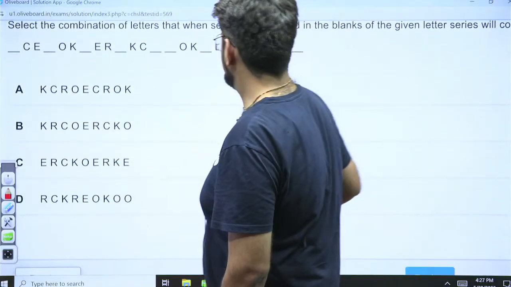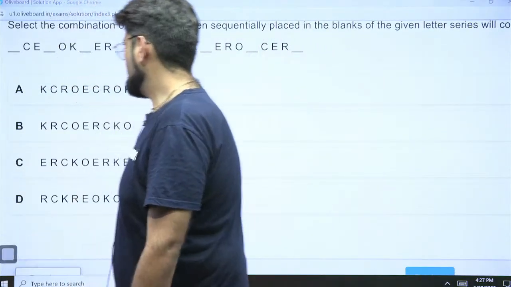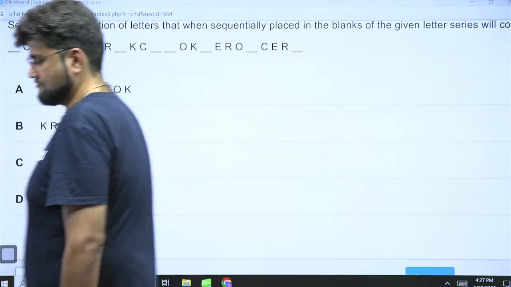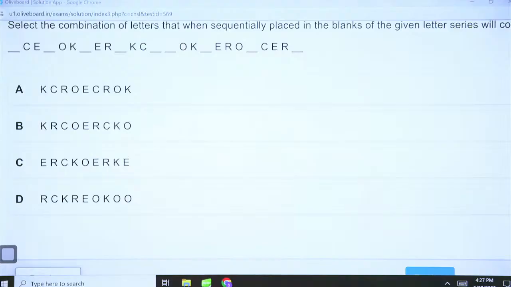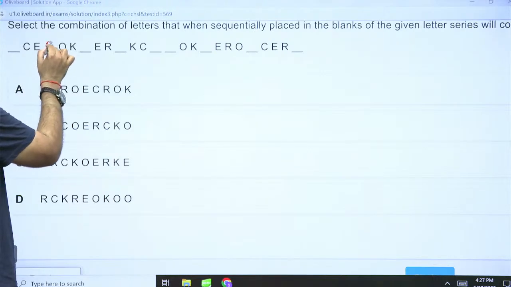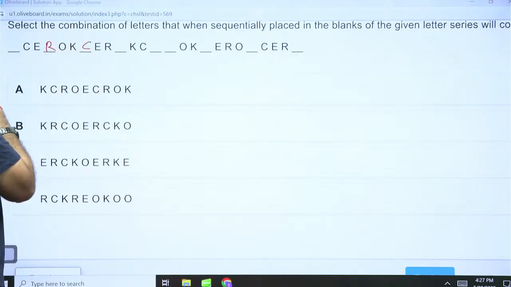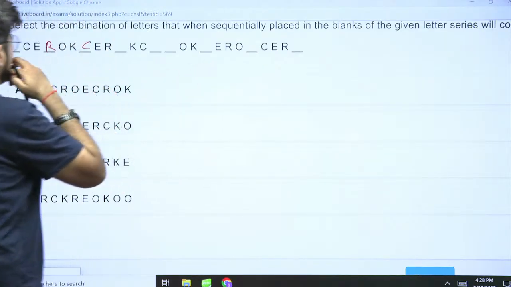Repeated letter series. So for any letters which are common at any position, we can just fill them up. No, they are not. Okay, ERO-CER.